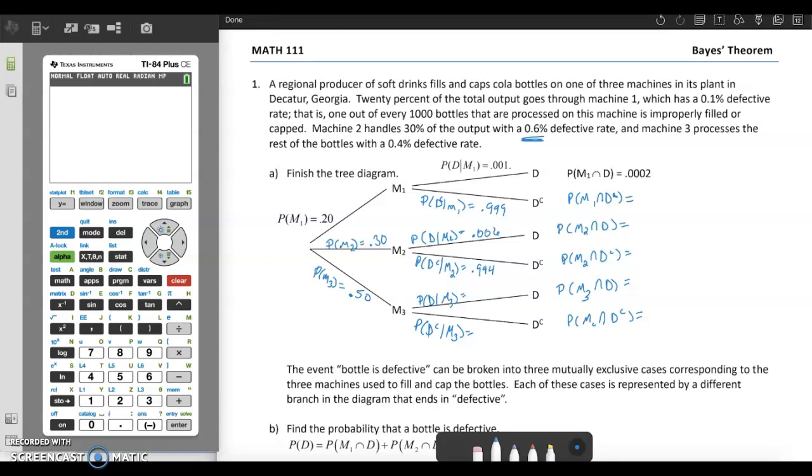We also know that given that it came through machine 3, that is a 0.4% defective rate, so 0.004 leading to defective, and 0.996 leading to not defective.